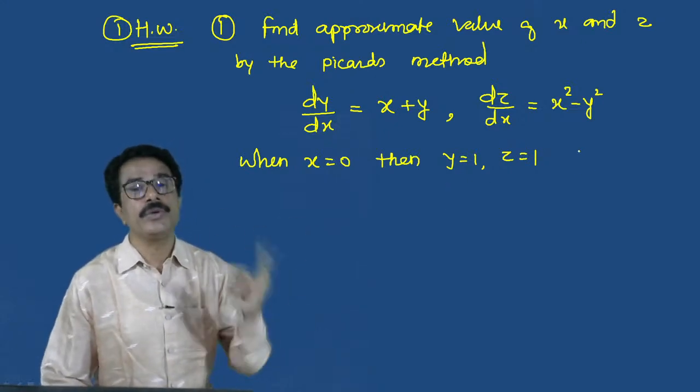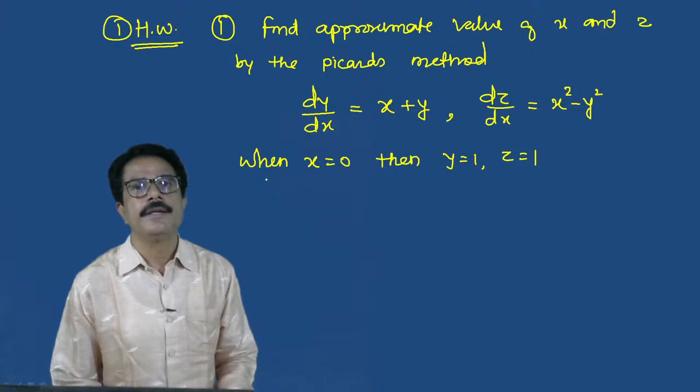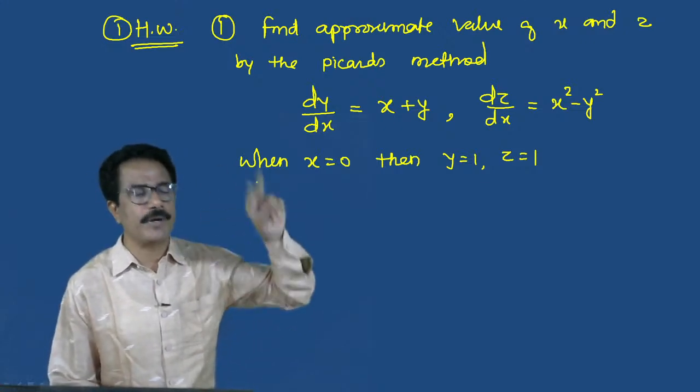Up to, see this, we have to take two iterations, two approximations only.